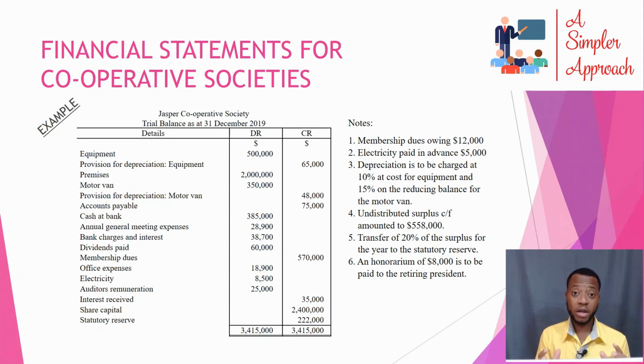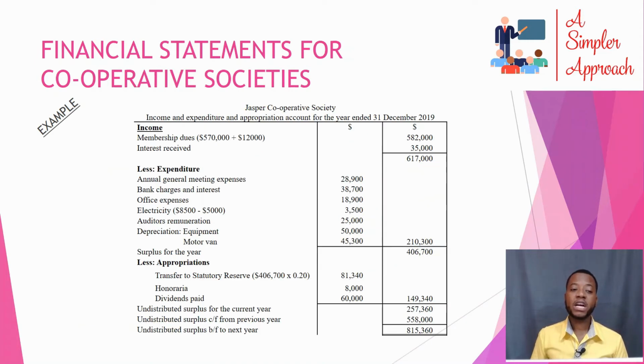Now, when you take all this into consideration, this is what the income and expenditure and appropriation account would look like. Let us break down a few things here. Membership dues: 570,000 represents the amount that was deposited to the cooperative by its members.